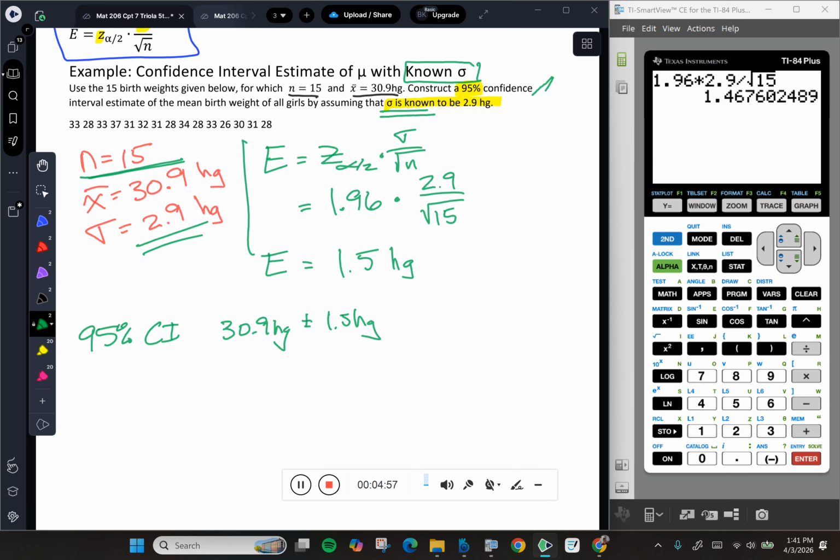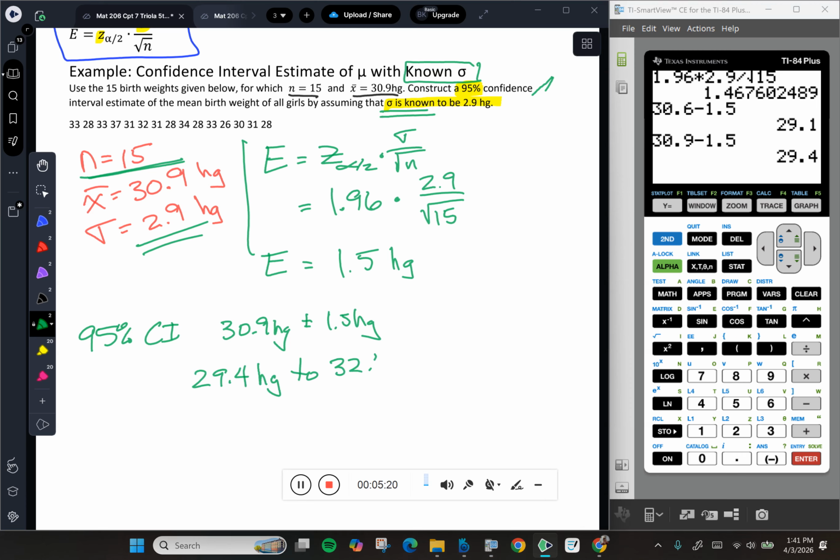Or I could take that 30.9, subtract off that 1.5, let me try that again. 30.9 minus 1.5, and I could get that it's from 29.4 hg's to 32.4 hg's. And that will be calculating it by hand.